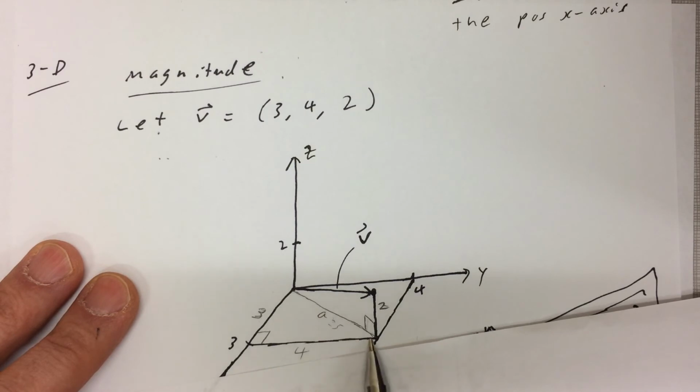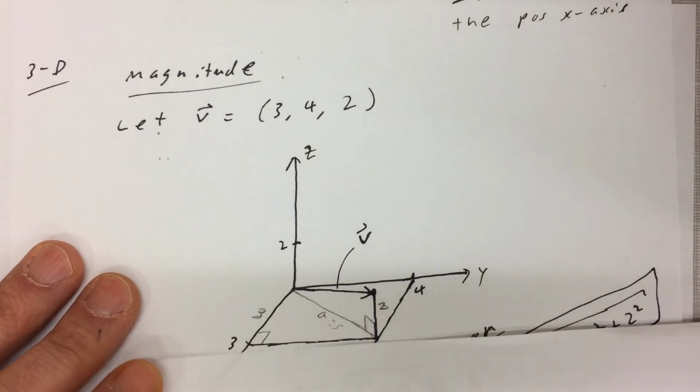So this is the hypotenuse of a right triangle on that xy plane. And you can find the length of it using Pythagorean Theorem. And then using that and this side, you can use Pythagorean Theorem again, because that makes a right angle with this line here, with the z-axis. So you use Pythagorean Theorem again to get the magnitude of v.